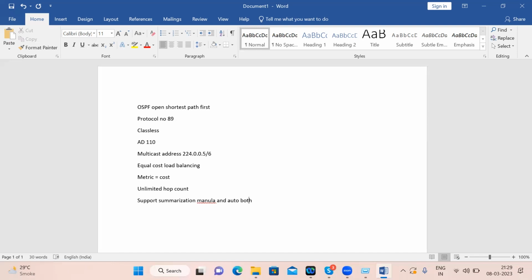It supports summarization, manual and auto. You guys better know about the summarization. EIGRP supports summarization, manual plus auto. RIP supports summarization.